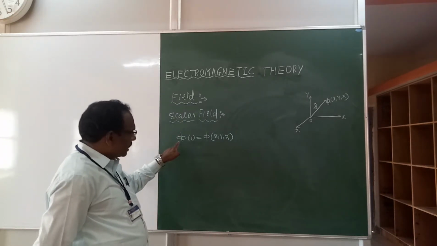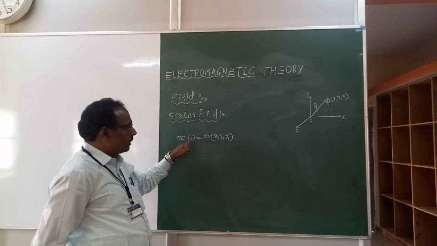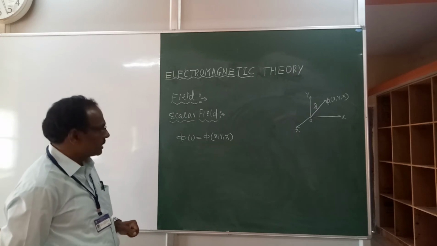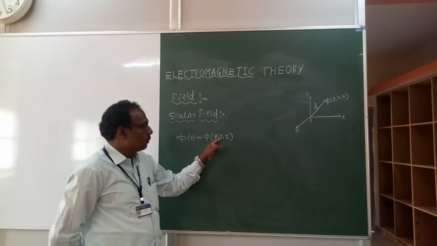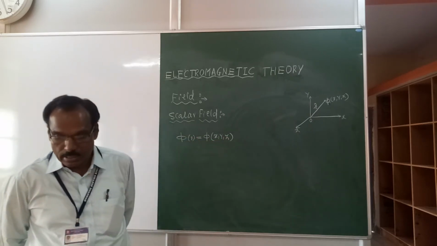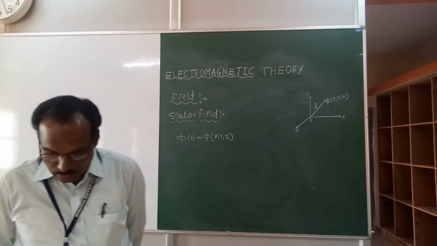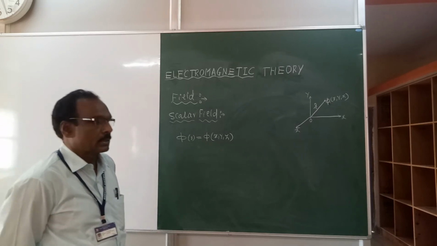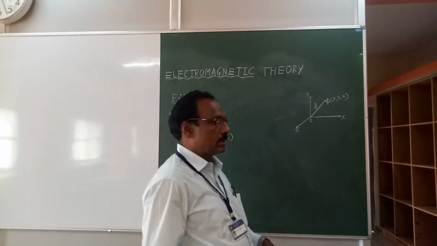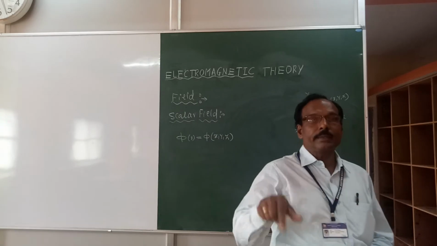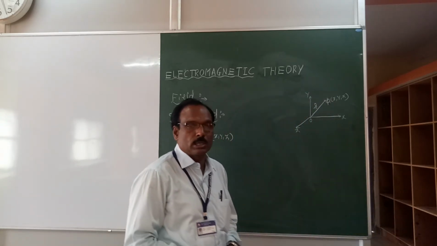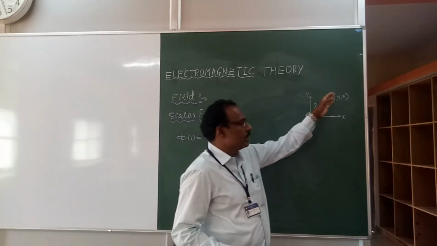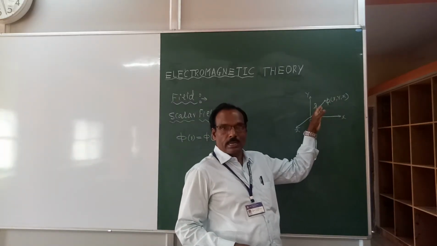Then we denote this scalar function phi of r, where r is the position variable. You can say phi of x, y, z is a scalar function. Now this scalar function or scalar field is represented by drawing the level surfaces.